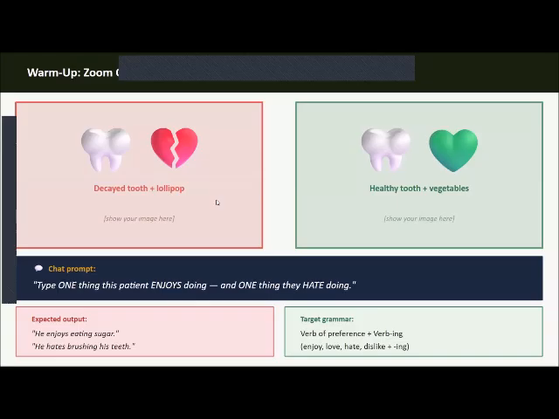Good. So when we think of likes and dislikes, I want you to practice those words. He enjoys eating sugar. He hates brushing his teeth. The results for those habits are going to be negative. Of course, we can do the positive things like eating our vegetables, and those will give us better results.